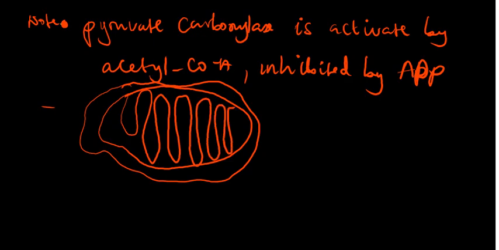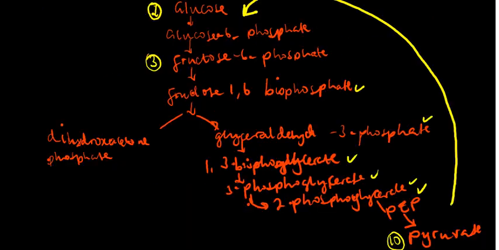When I write OAA, this is oxaloacetate. Oxaloacetate has to be converted to phosphoenolpyruvate, PEP, in order for gluconeogenesis to continue.